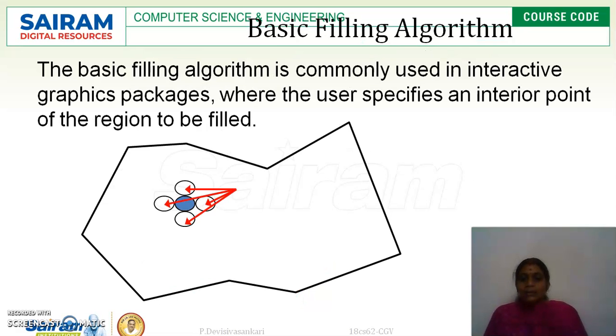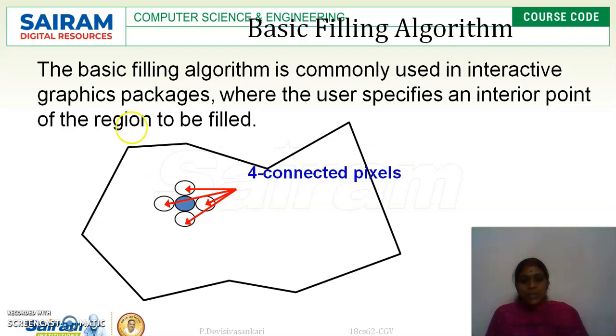Here is how the basic filling algorithm works: first of all, we should get one interior point. This point is considered an interior point. Along with it, we have to find the nearby pixels. So here we are using the terms four-way connected and eight-way connected.